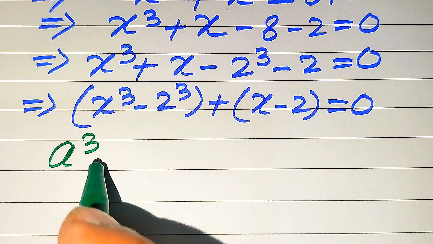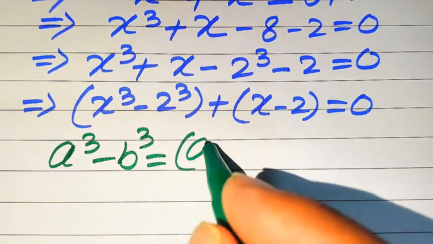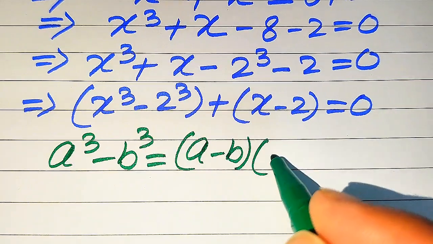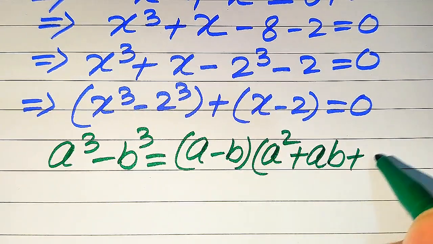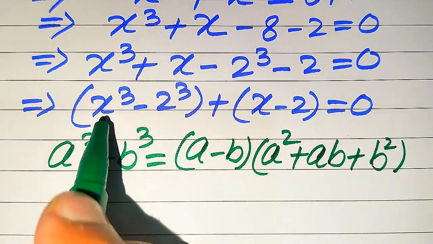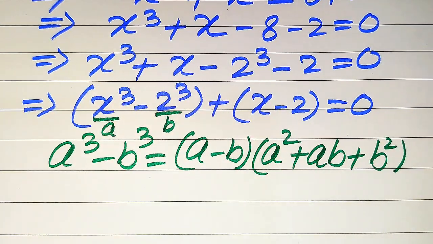If we have a cubed minus b cubed, it is equal to a minus b times a square plus ab plus b square. So you see that the base of this term is our a and the base of this term is our b.